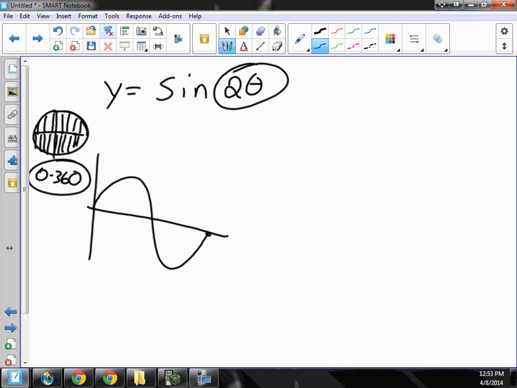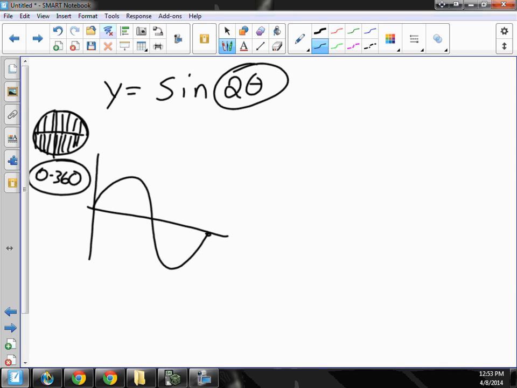What happens if I plug in 1 and we graph 2, and I plug in 2 and we graph 4, and I plug in 3 and we graph 6, and I do that all the way up to 360? So I will input from 0 to 360, but I'm going to graph from 0 to 720.